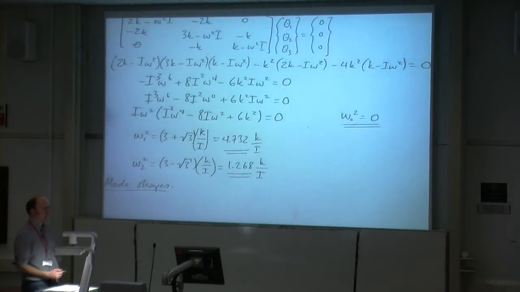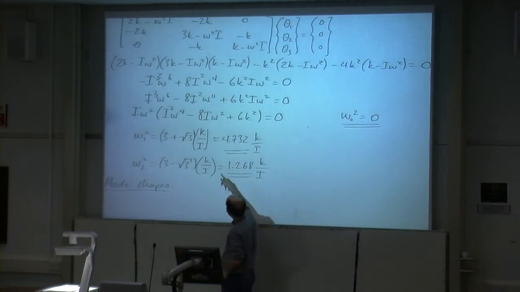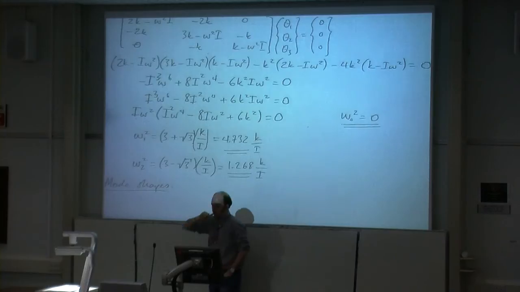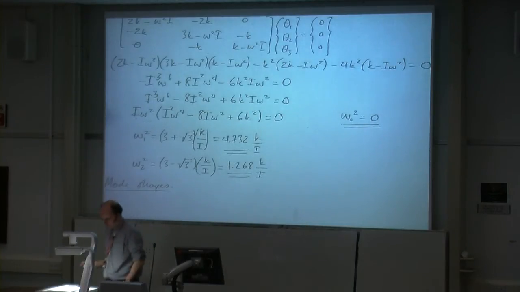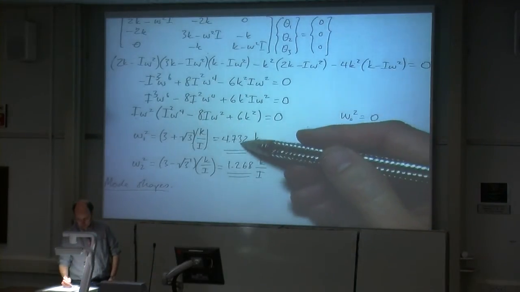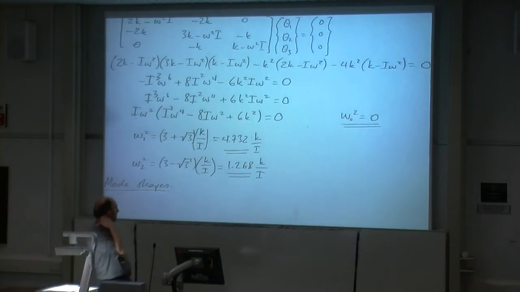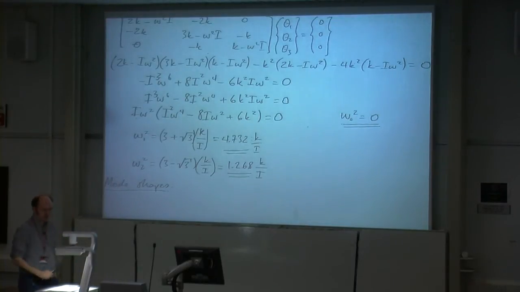And if I apply the quadratic formula, minus b plus or minus the square root of b squared minus 4ac over 2a, I end up with two equations. Omega 1, I've said, is 3 plus root 3 k upon I. And omega 2 is 3 minus root 3 k upon I. And that's just from the quadratic formula. And again, you apply the numbers in there and you get those two values times k upon I. So those are the two natural frequencies.